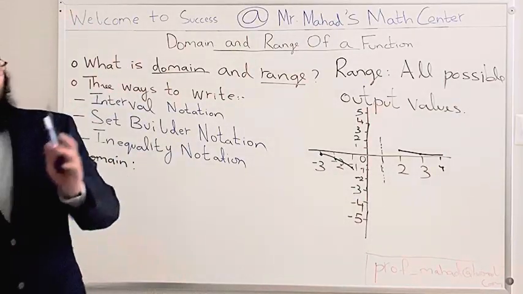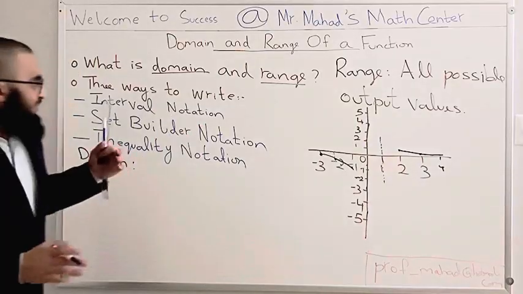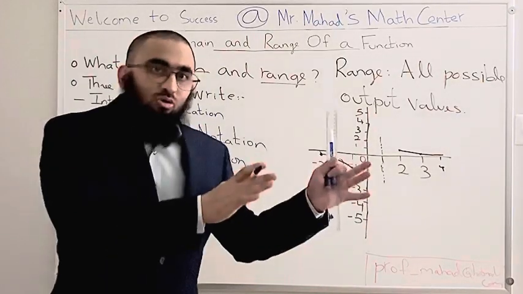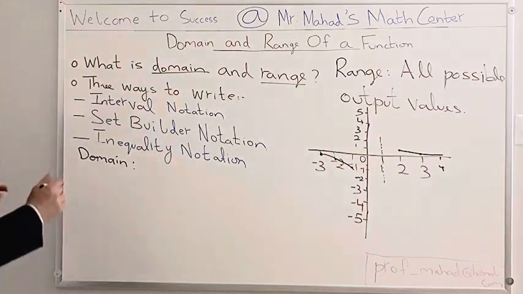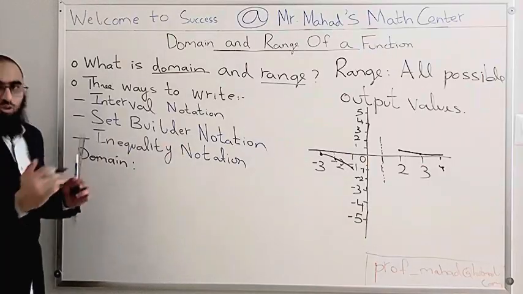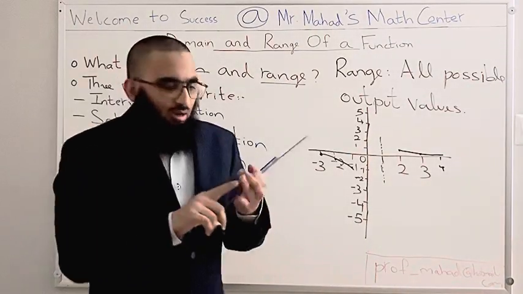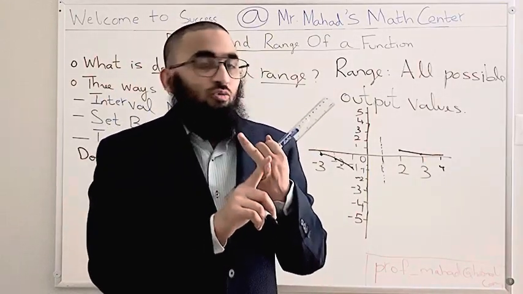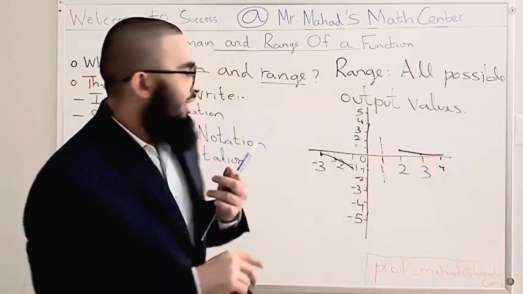Interval notation uses brackets to show the endpoints, and square brackets to show that the endpoints are included. So now there are two scenarios. One is when the endpoint is included, that's when you use a square bracket. One is when the endpoint is not included. Let's see what I mean.